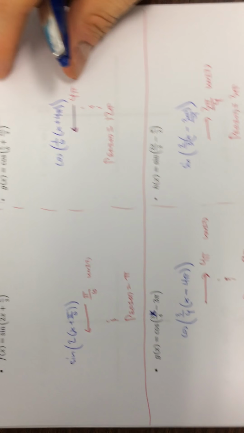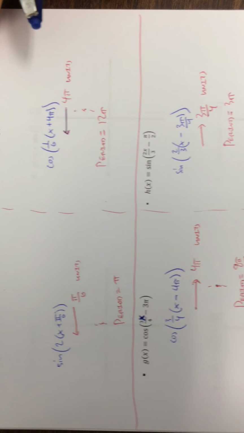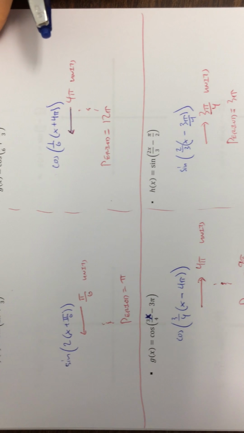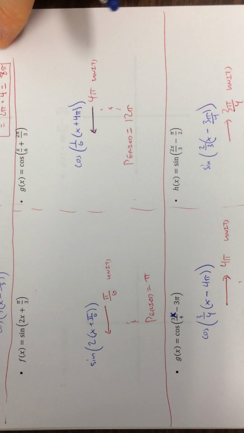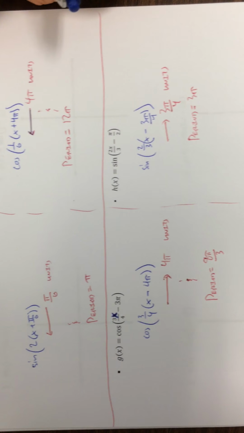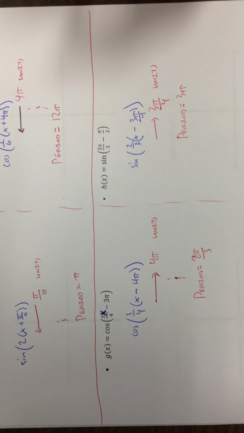Okay, so these are our solutions for these last four. Pause it, try them, see if you can get there. If I made a mistake, email me. If you didn't get that, email me, we can talk about it.